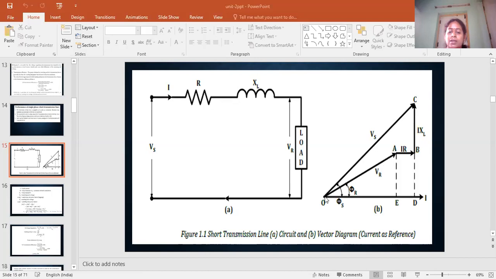Here O, E, D, B, and C points are there. We know the triangle OCD is forming a right angle triangle, at an angle of phi s. So the Pythagoras theorem is applied here: OC square equals OD square plus CD square.